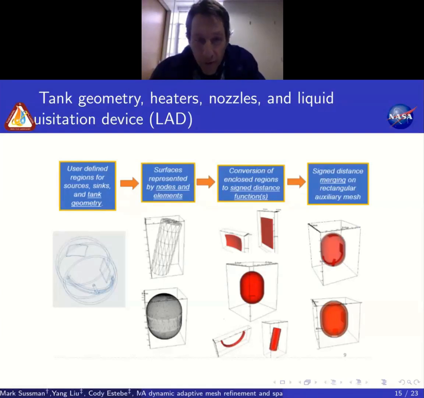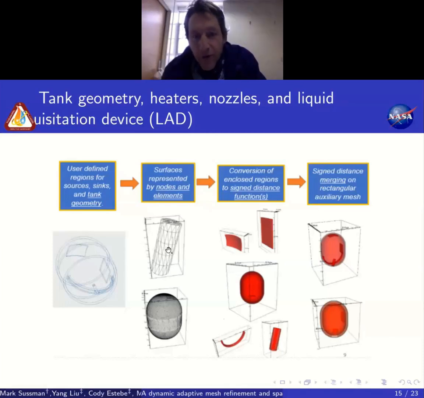We can increase the order of accuracy in space or time. For prescribing the geometry, we can prescribe it in a Lagrangian perspective, with nodes and elements, and then we convert them to level set functions, which are convenient for inputting into our simulation code.